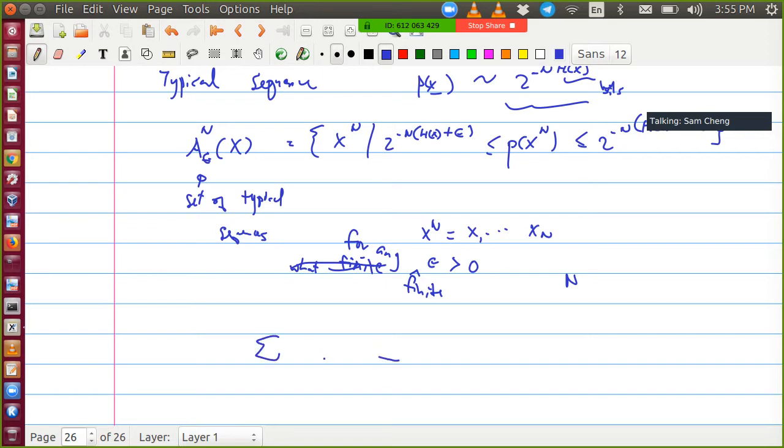I can write the sum over p of x, for x in the typical set. Of course this should be less than 1, but sufficiently close to 1, because everything is typical and I'm summing up the probability of x.